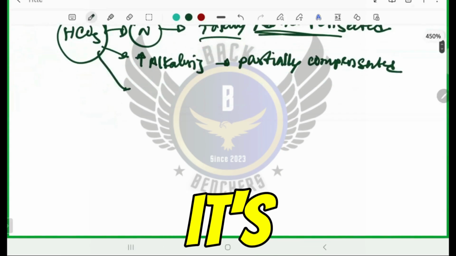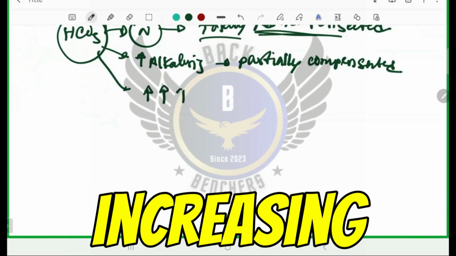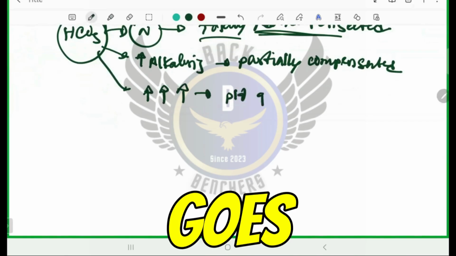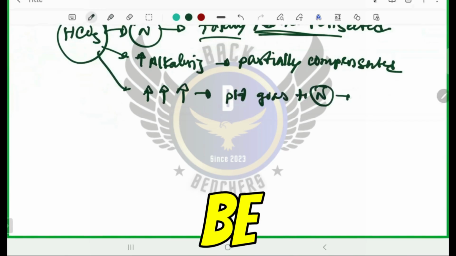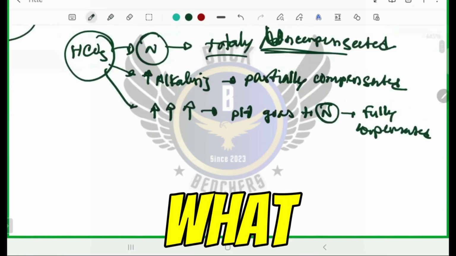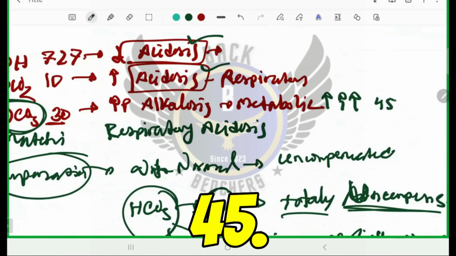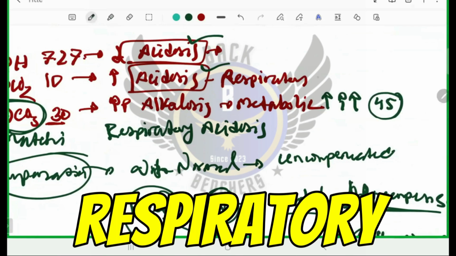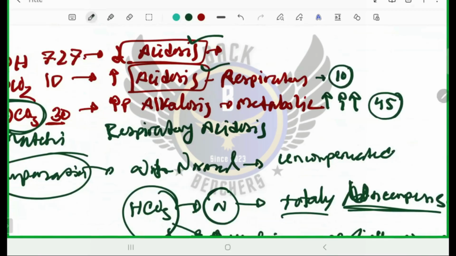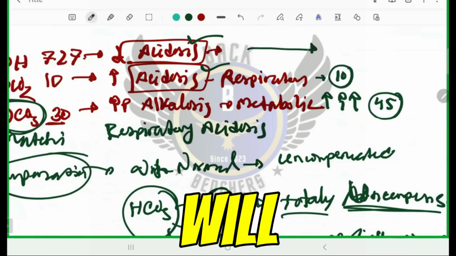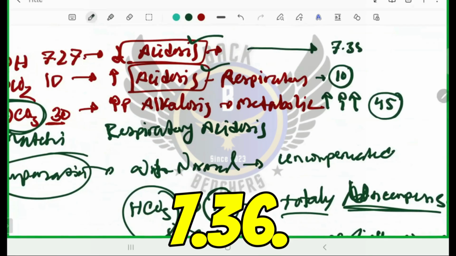And when it keeps increasing alkali and the pH goes to normal, that will be fully compensated. Now, what will be the scenario then? It will rise more. Let's say it goes up to 45. Respiratory is still 10, but the pH will be 7.36.